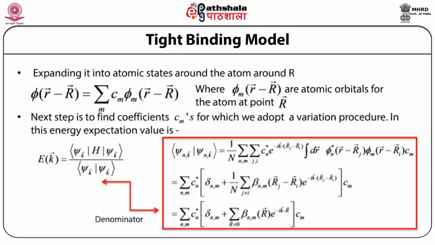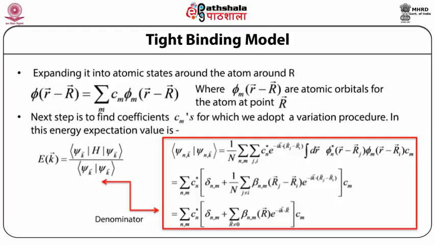Due to its localized nature, it is useful to expand it into atomic states around the vector capital R. So φ(r − R) is equal to summation over m, C_m φ_m(r − R), where the φ_m are atomic orbitals for the atom at point R. Now our task is reduced to finding the coefficients C_m. The physical picture suggests that for each band, one of the C_m's is large, providing its association with an atomic level, while others provide correction.